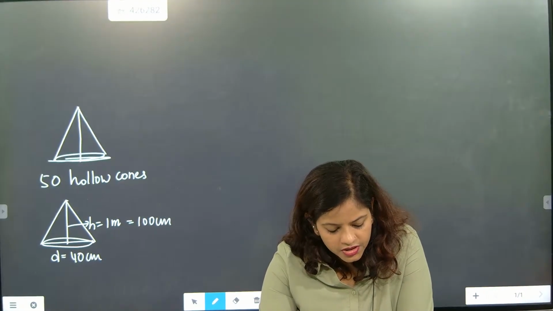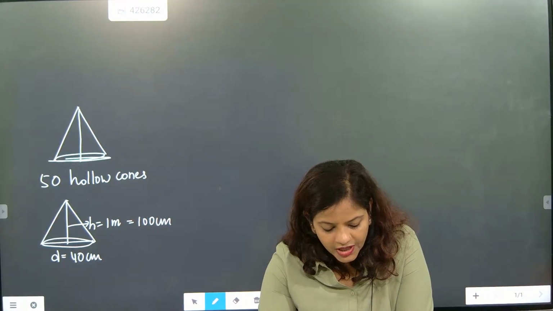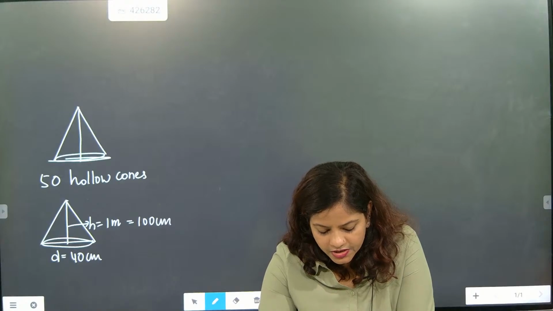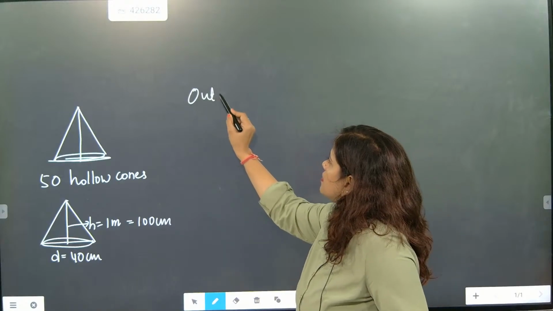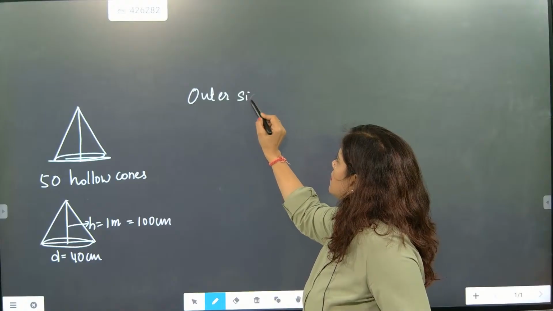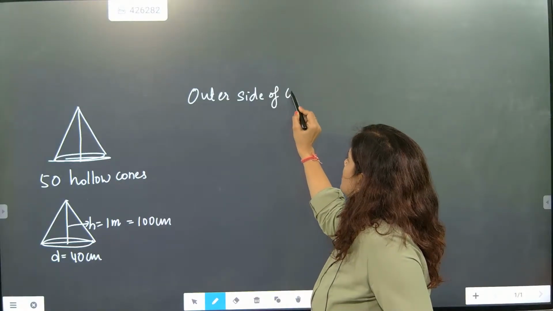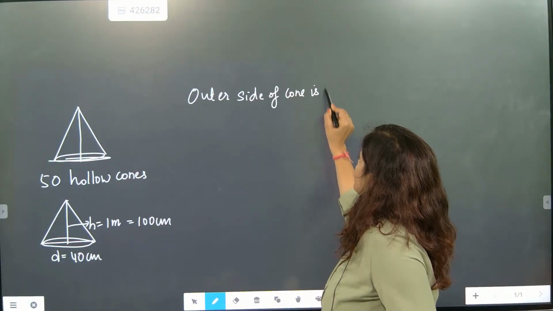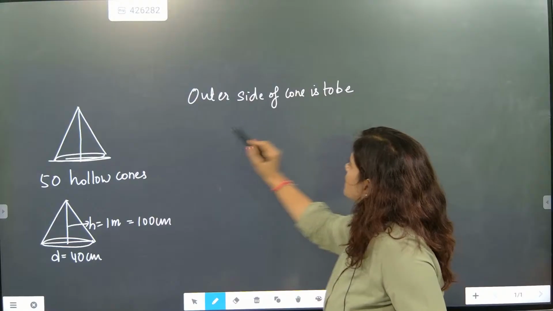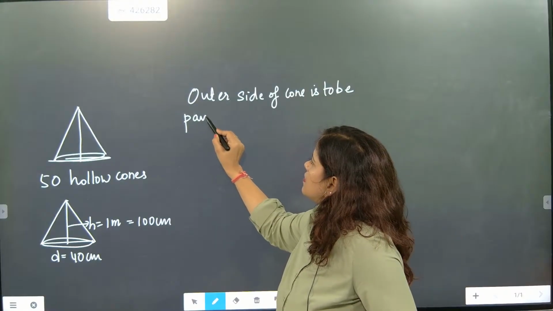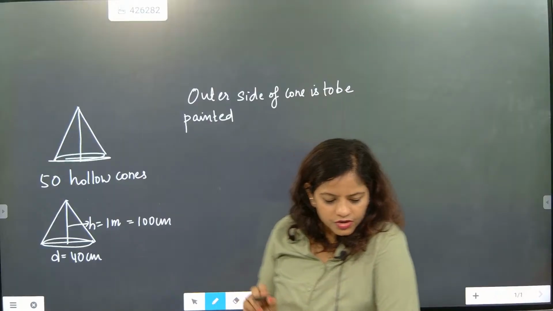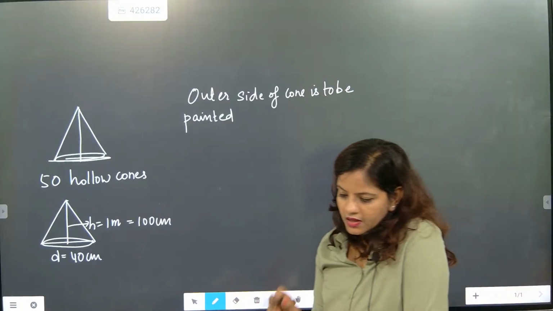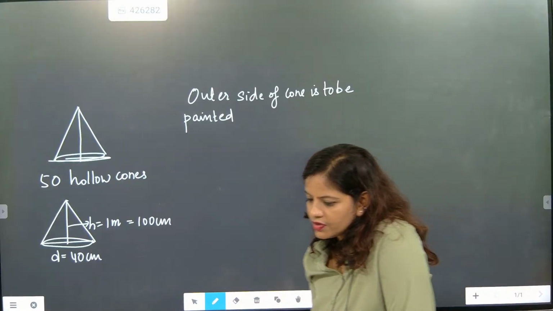If the outer side of each cone is to be painted, and the cost of painting... Outer side of the cone is to be painted. Understood? Outer side of the cone is to be painted.